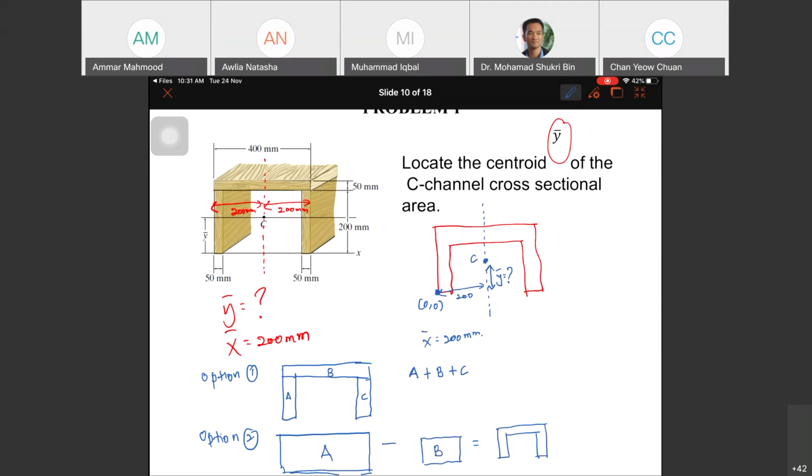So this one is A minus B. A for the whole thing, you minus B, so you get the same answer. So if you want to do option 1, also can. You want to do option number 2, also can. I think I will show you option number 2 because option number 1 is similar with the previous one.